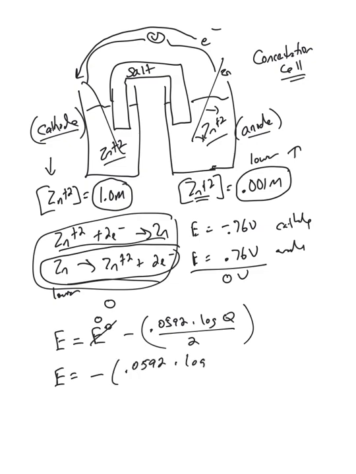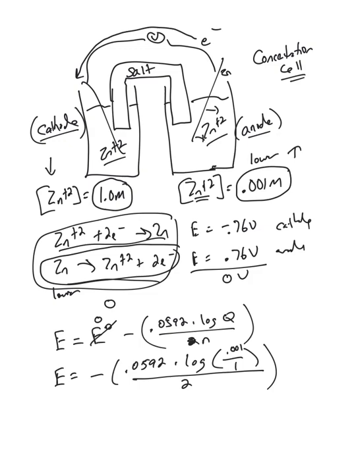0.0592 times the log of Q. Now, for the log of Q, we need products over reactants. In this case, n, my fault originally, we're transferring 2 electrons, so it's 2. Now we have to figure out which are the reactants and which are the products. Well, zinc ions are going to be produced on the anode side, and on the cathode side we have 0.001 over 1.